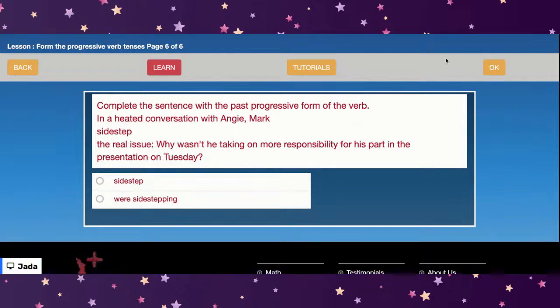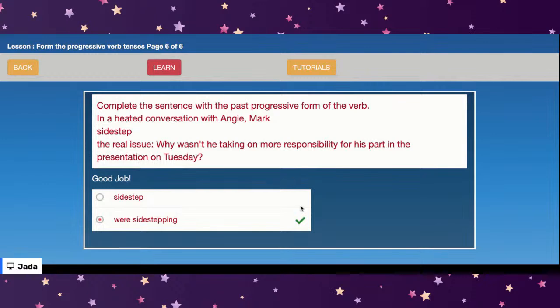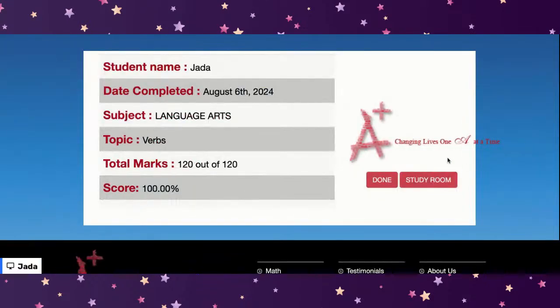In a heated conversation with Angie, Mark sidestepped the real issue. Why wasn't he taking on more responsibility for his part in the presentation on Tuesday? So we were sidestepping.